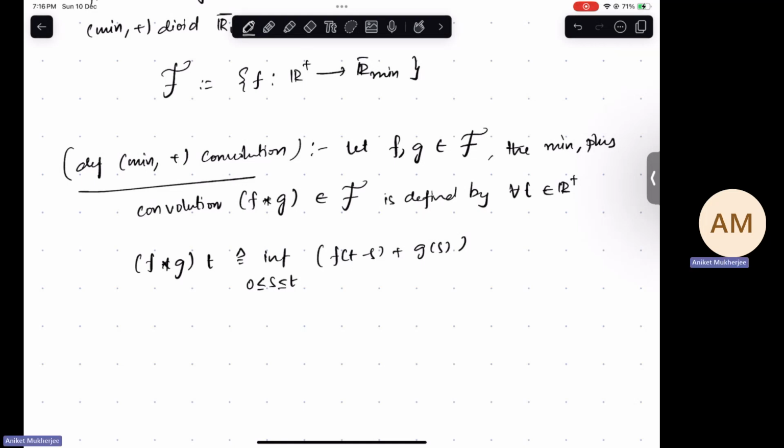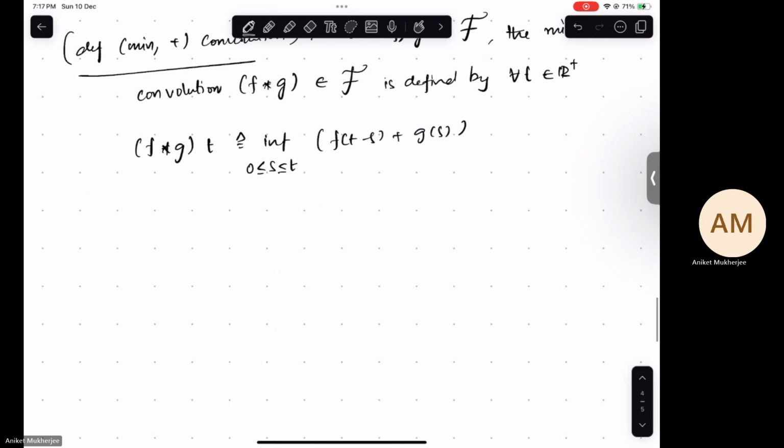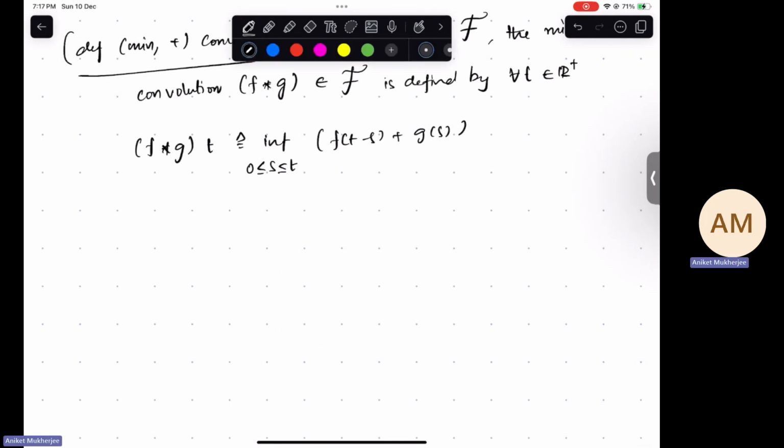I have these two definitions right here. Okay, so some remarks.